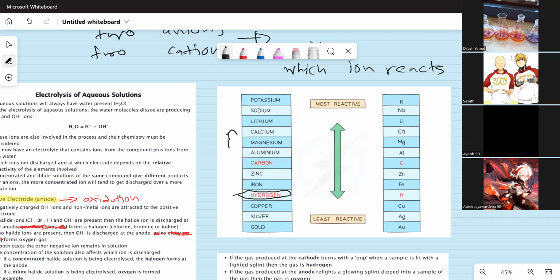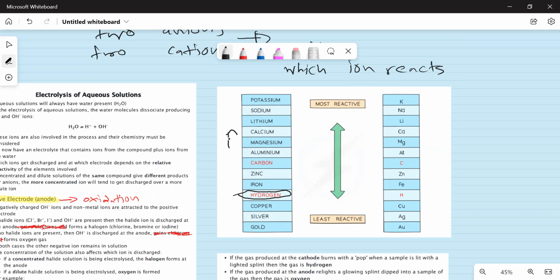Those ions won't be oxidized. Instead, H+ will be oxidized. Remember that. If any metal ion is present above hydrogen, those metal ions won't oxidize; H+ will be oxidized.